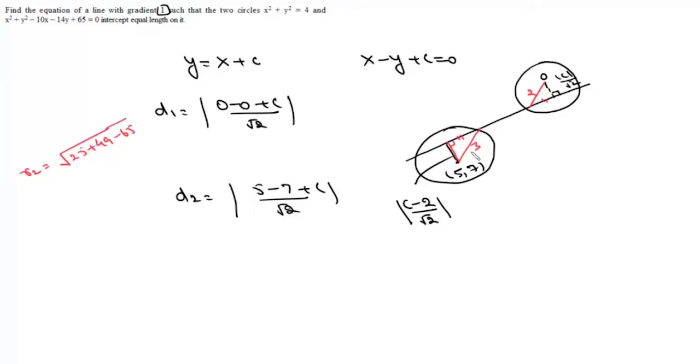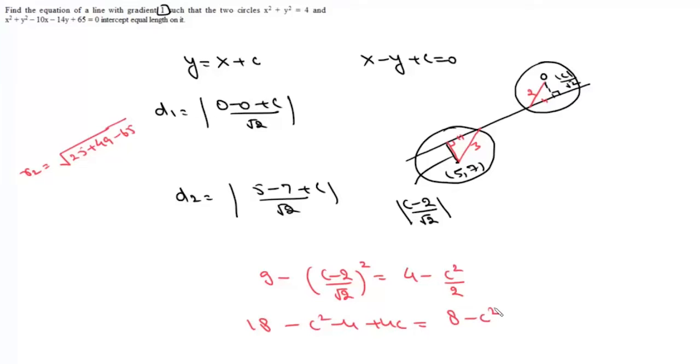Now for this first one, it will be 9 minus c minus 2 upon root 2 whole square, and here it will be 4 minus c square by 2. Now we can write this as 18 minus c square minus 4 plus 4c, and that will be 8 minus c square.